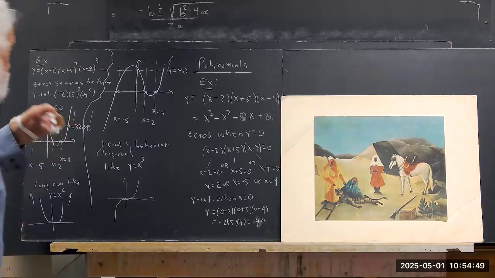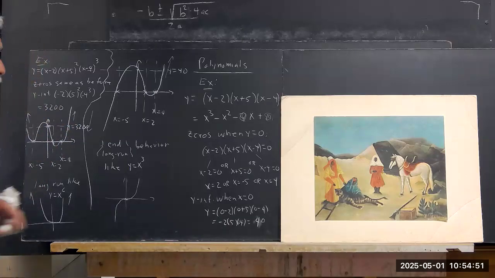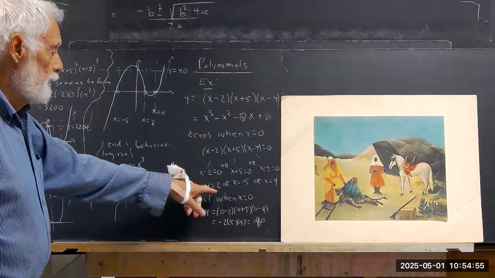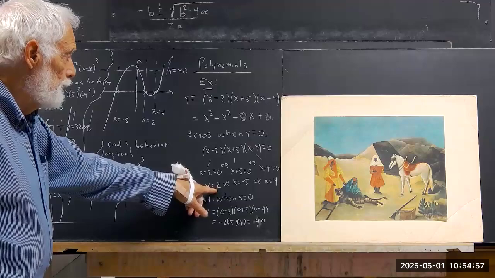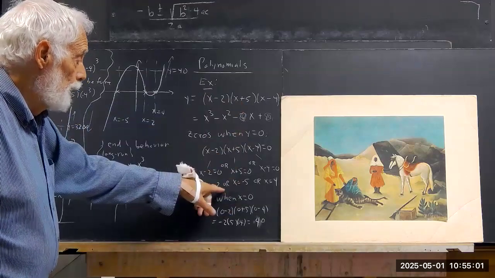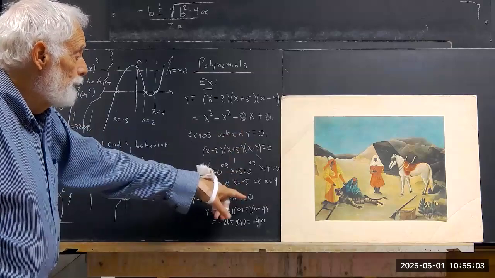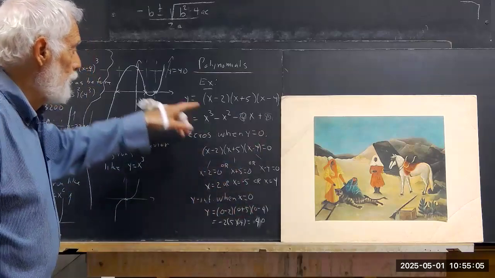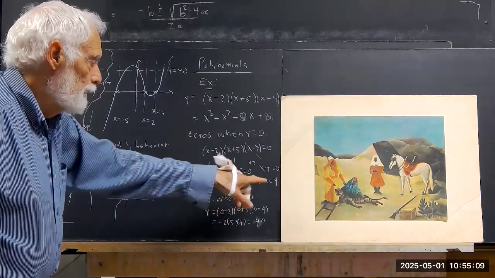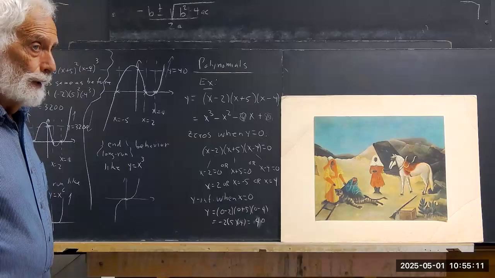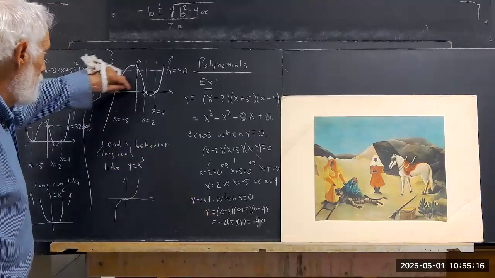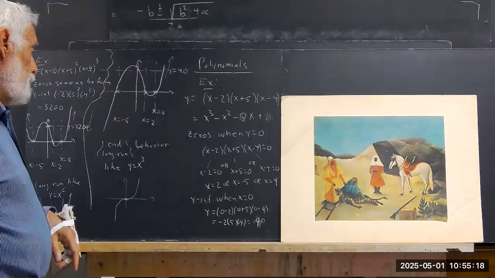Let's make sure we understand what I just did. For this function, we found the zeros where x could be 2 would make this 0. Alternatively, x equals -5, or x equals 4. Question is, where is this 0? At this value or at this value or at this value. Okay. So we sketch those 3 points on the graph.